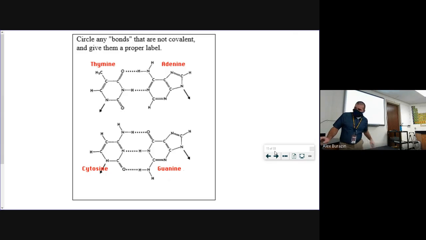What is this stuff? What is in this picture?